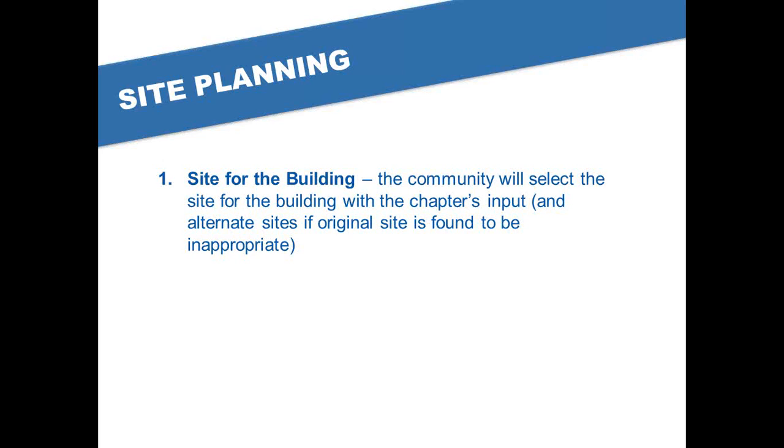You can't design and build a building divorced from the rest of the world. The first thing you have to do is figure out the site, and the community is going to know where they want it, most likely. You're going to have to assess that, make sure it's a good site, and then propose alternate sites if that site is found to be inappropriate.